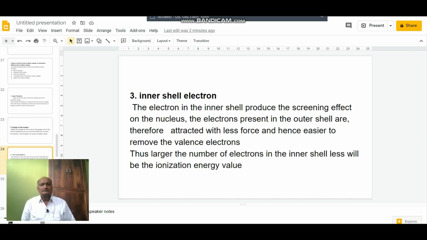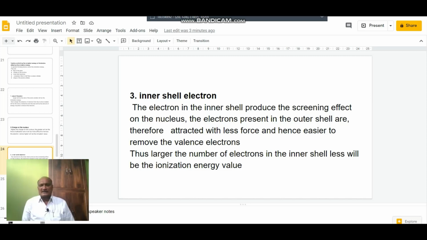Coming to one more factor affecting the ionization energy, that is inner shell electrons. The electrons in the inner shell produce a screening effect on the nucleus.